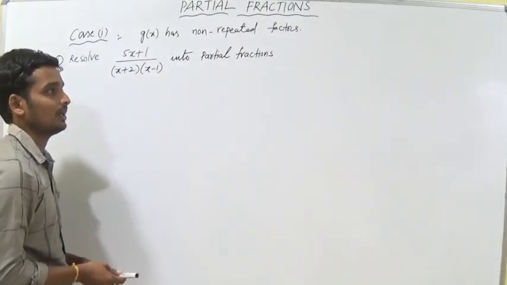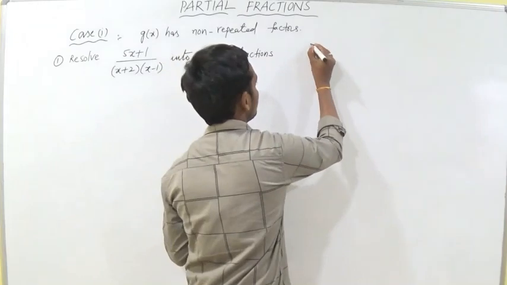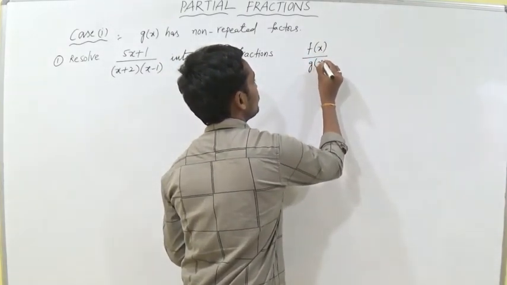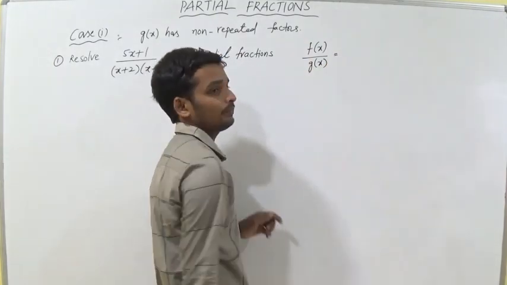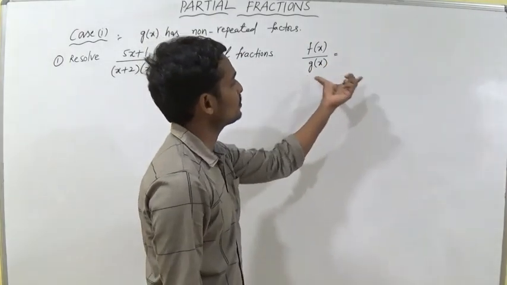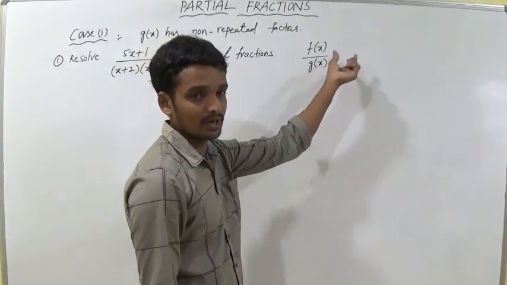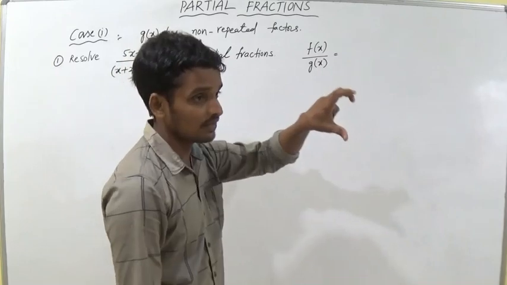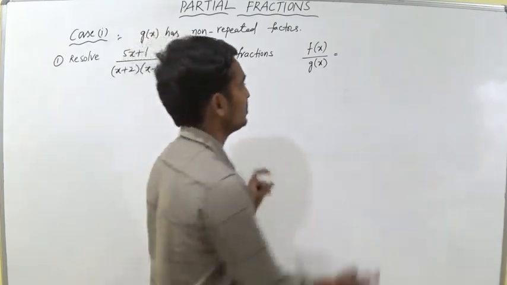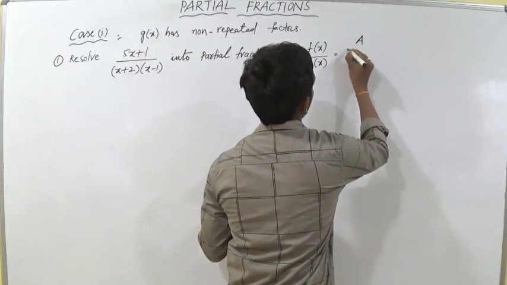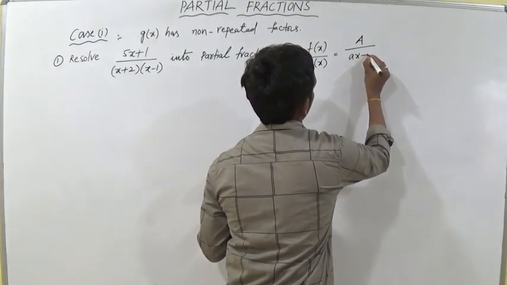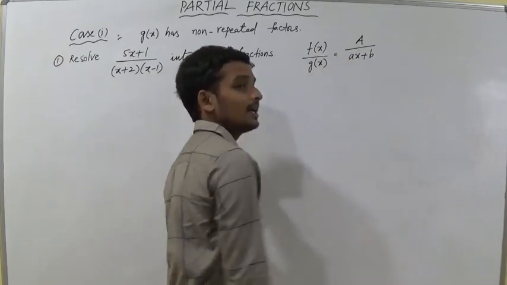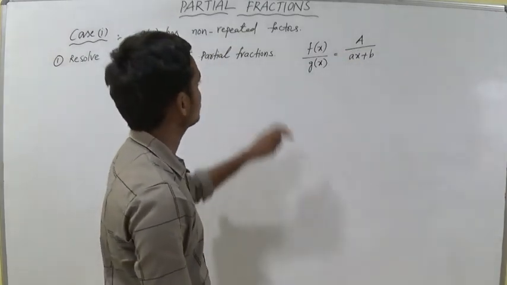I told you already, and I am reminding you once more: f of x by g of x is a proper fraction. If you want to decompose f of x by g of x into partial fractions, we use a method. I told you g of x has some factors. If it has only one factor, we write it as ax plus b. What is ax plus b? I explained already: ax plus b is a linear factor.